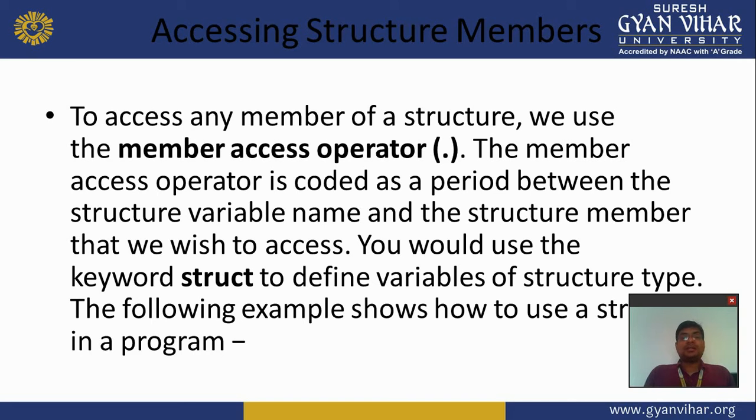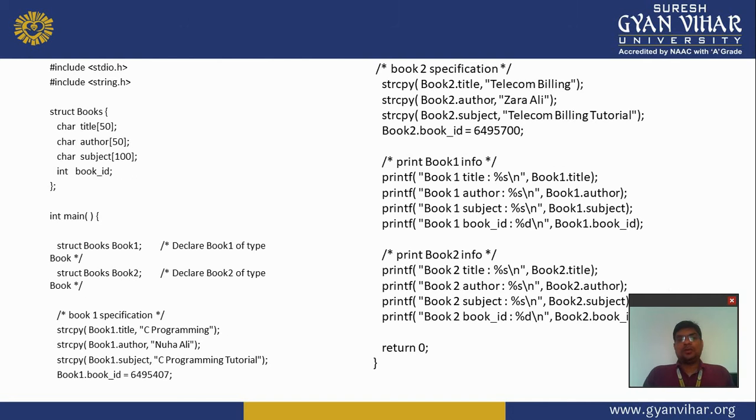The member access operator is coded as a period between the structure variable name and the structure member that we wish to access. You would use the keyword struct to define variables of structure type. The following examples show how to use a structure in a program. That is an example. Now I use that example to create the structure.